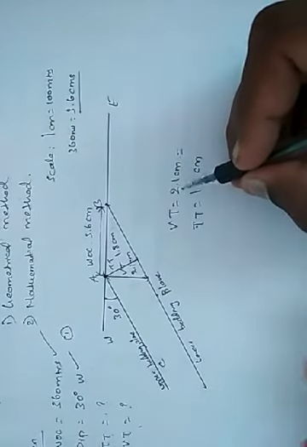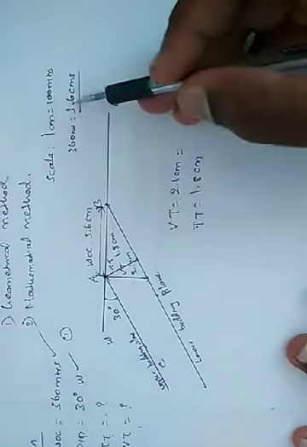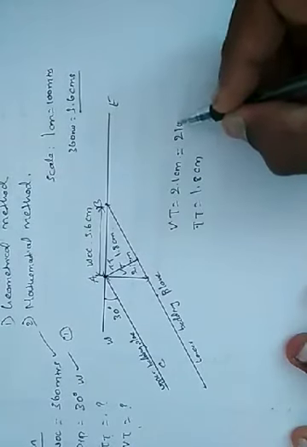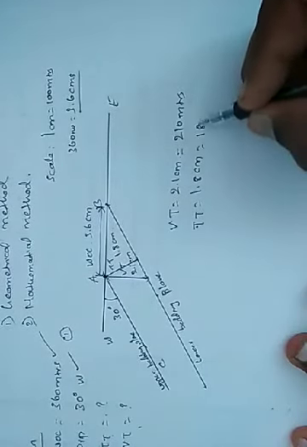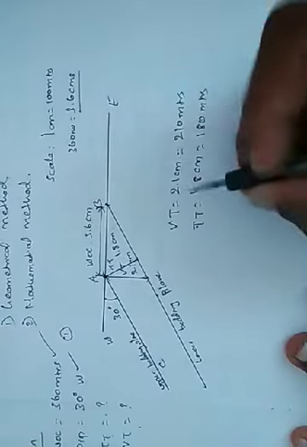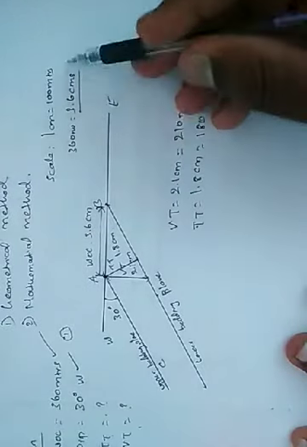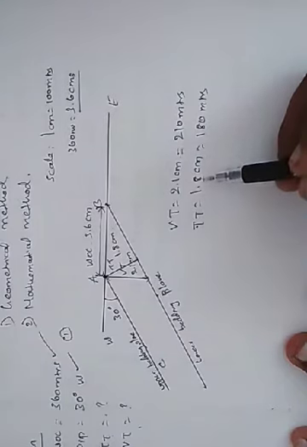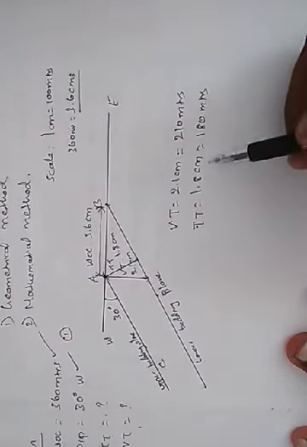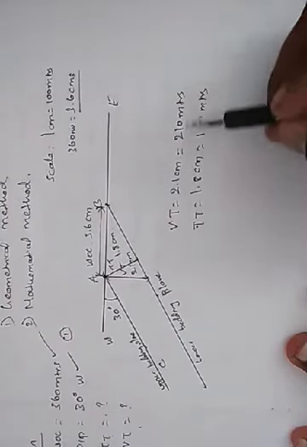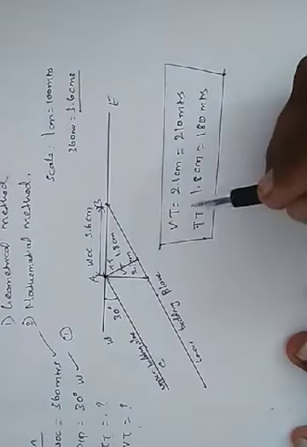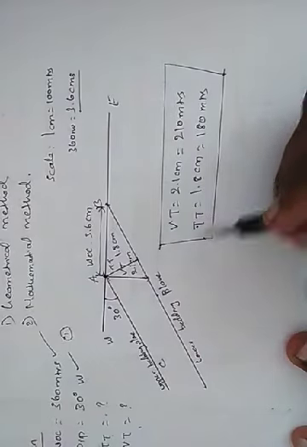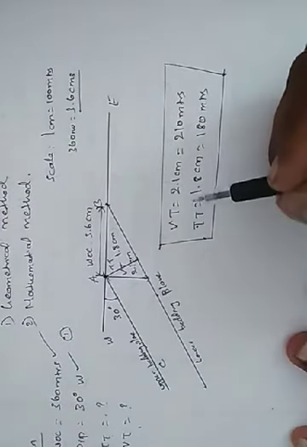Again, 2.1 centimeters means, as per the scale, it is 210 meters. 1.8 centimeters is 180 meters. As we have taken 1 centimeter equal to 100 meters, when we convert these centimeters into meters, we get 180 meters and 210 meters. So this is how we are going to determine the vertical thickness and true thickness of the bed in the geometrical method.